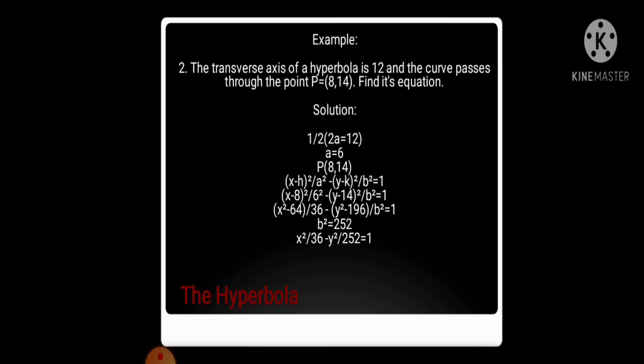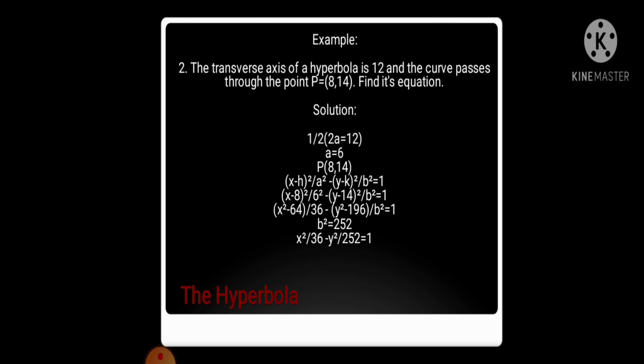Example number 2. The transverse axis of a hyperbola is 12, and the curve passes through the point P equals (8, 14). So, find its equation. Solution. So, 2a equals 12. So, there is 6 units as the corresponding value. To find the value of a, divide both sides by 2. So a equals 6, wherein P is (8, 14).